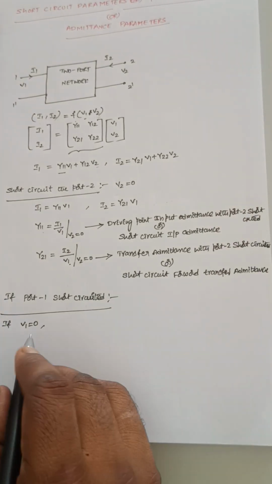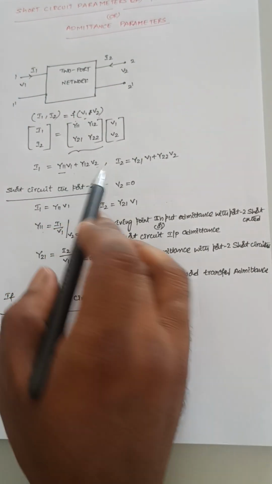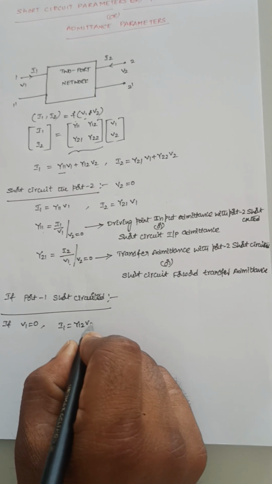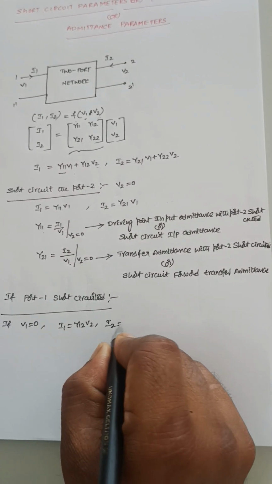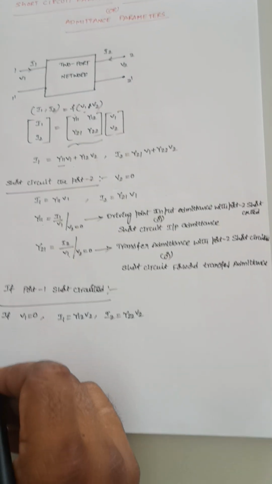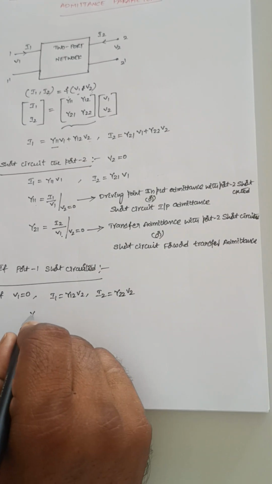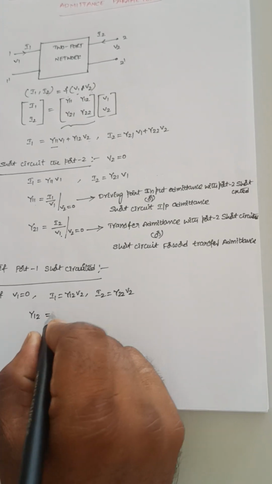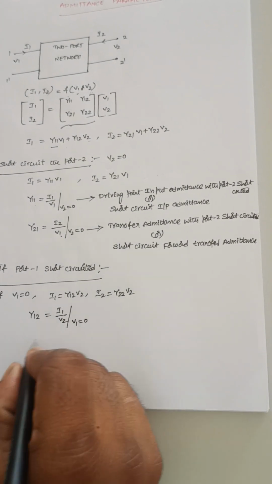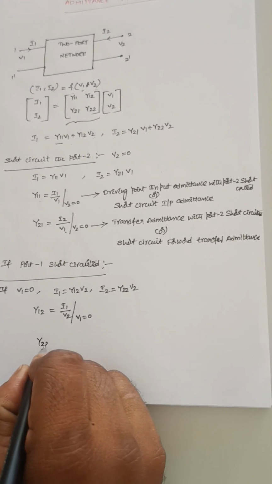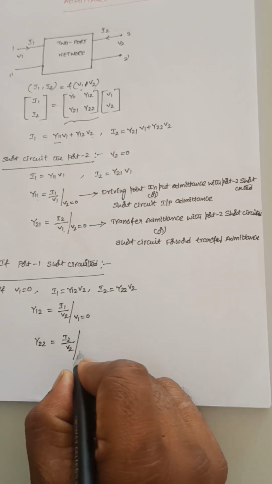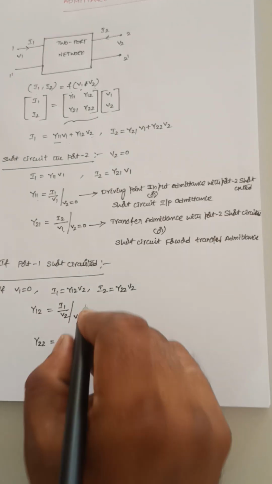If I substitute V1 equal to 0 in these equations, then I will get I1 is equal to Y12 into V2, and I2 is equal to Y22 into V2. From this I can calculate Y12 equal to I1 by V2 at V1 equal to 0, and Y22 equal to I2 by V2 when V1 is equal to 0.